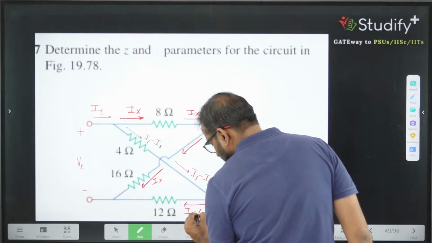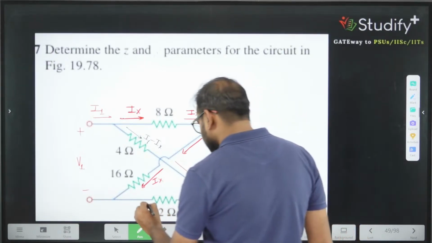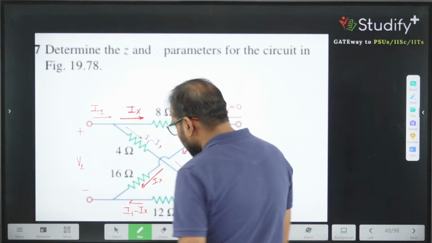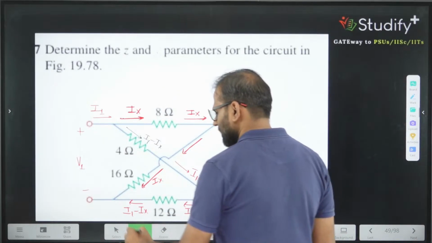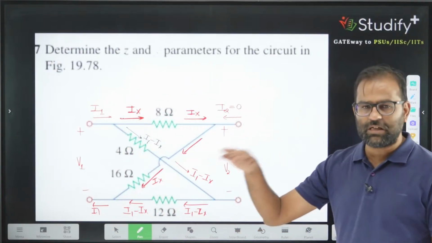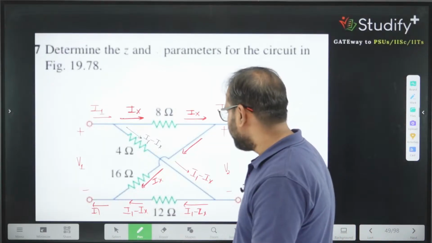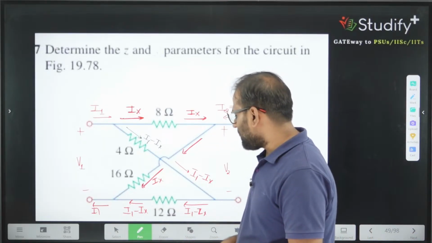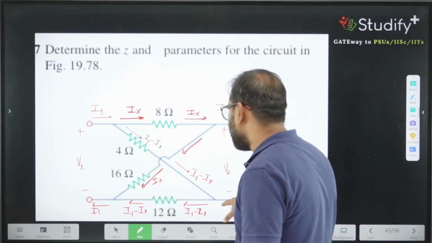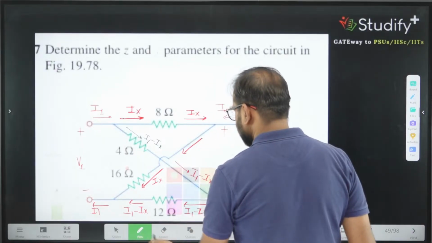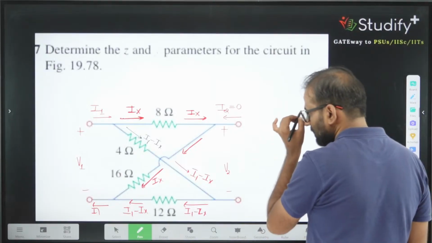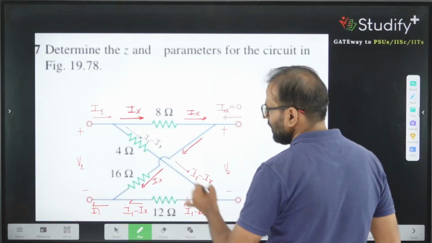And this current is I1 minus Ix plus Ix, which is equivalent to I1. Very simple. Entering current is I1 and current exiting from that node is also I1. So can I say these two components are in series and these two components are in series? So we can draw this.